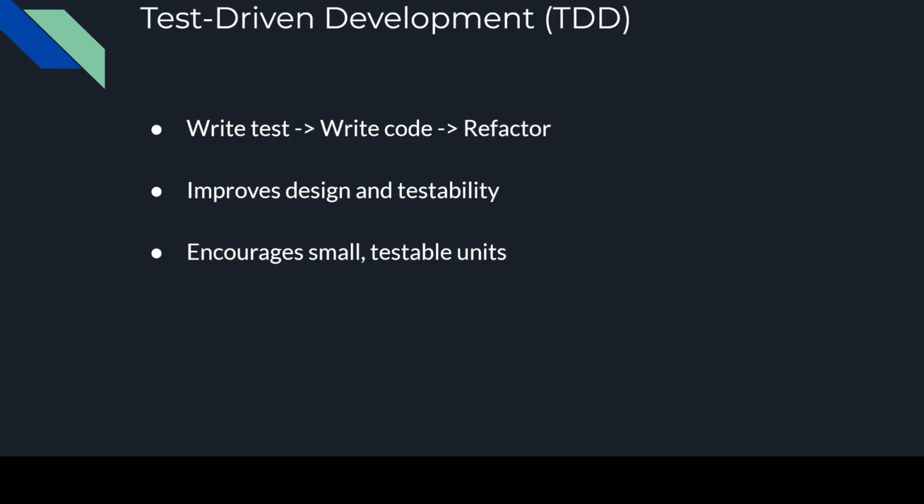Martin Fowler emphasizes that TDD is more about design than testing. It encourages better architecture and modularity because you're forced to write testable code. Of course, TDD doesn't work in every situation, especially when prototyping or exploring a new idea. But for developing business logic, libraries, or APIs, it's a disciplined approach that leads to better results and fewer bugs.